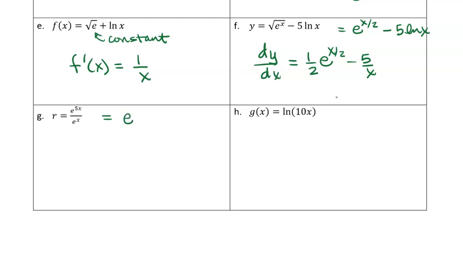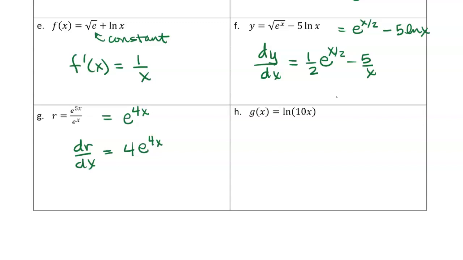So this is really the same as e to the 4x. Okay. And so now I can find the derivative, dr dx is just going to be 4e to the 4x. Right? Just bring down the k. k is 4. And then times e to the 4x.